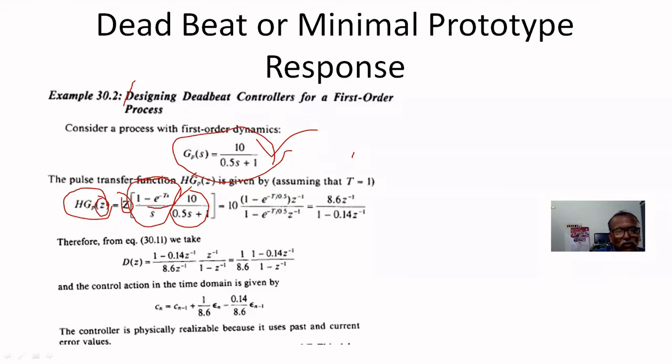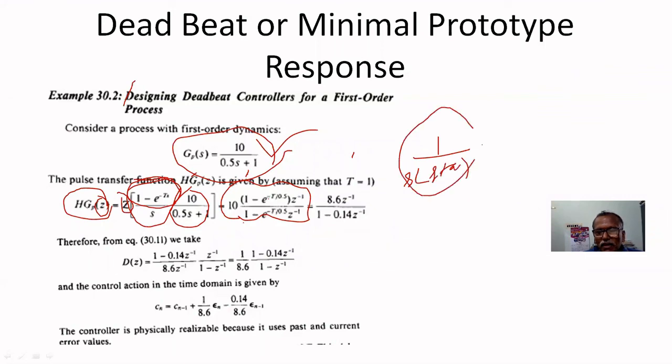So what is 1 minus e power minus ts? That is 1 minus z power minus 1. And for 1 by s into s plus 1, if you take the z transform, you will get it like this. There is a ready-made formula available for a upon s multiplied by s plus a.